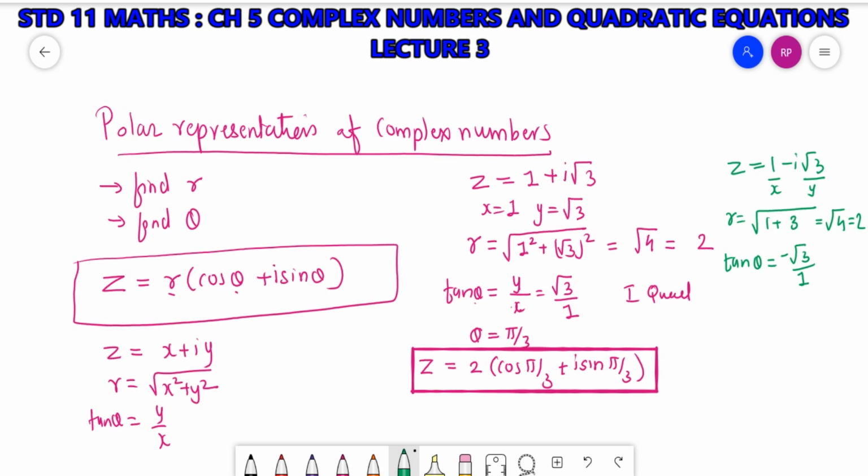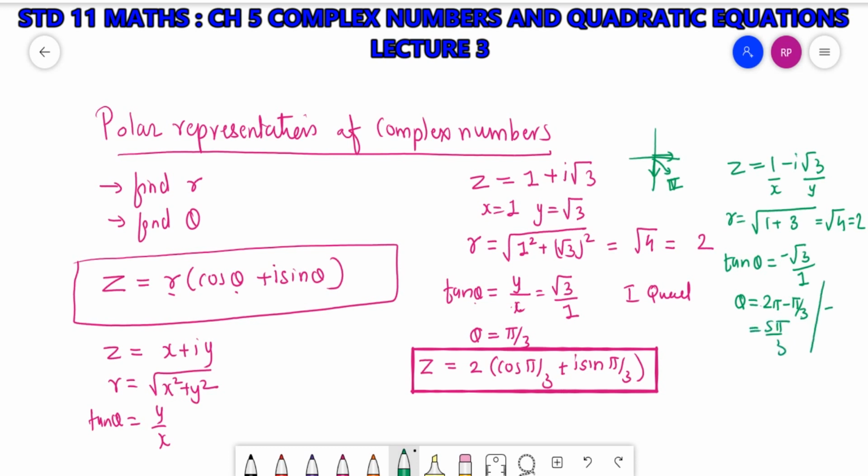But now here the y coordinate is negative. Right? So y is negative and x is positive. So it's in fourth quadrant. So for fourth quadrant, what was our answer? The value of tan is root 3 at pi by 3, but now theta, as it is in fourth quadrant, is 2 pi minus pi by 3. Okay? So that will be equal to 5 pi by 3.